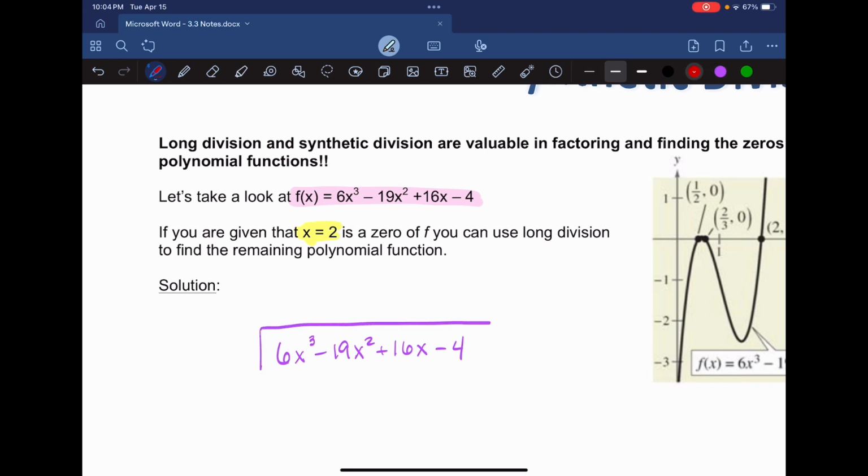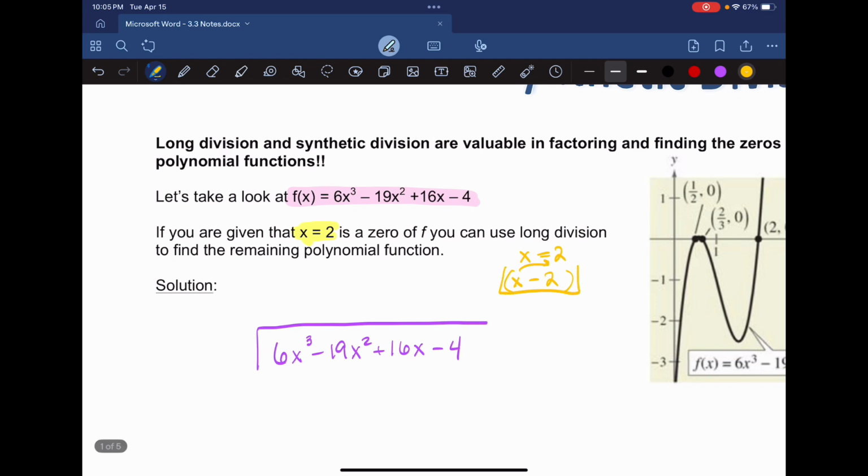Now, if I had a 0 of x equals 2, if you think about going backwards, what would have resulted in that value? Well, it would have had to have been x minus 2. That's what would have given me that x equals 2 value, okay? So in other words, this binomial is what I'm now going to divide my f of x by, okay?